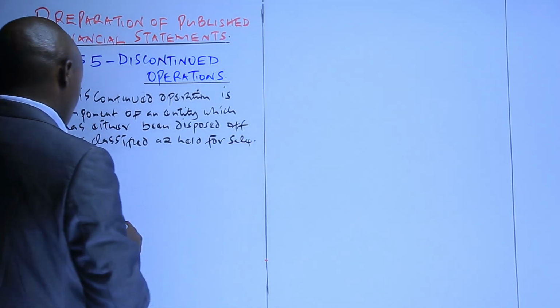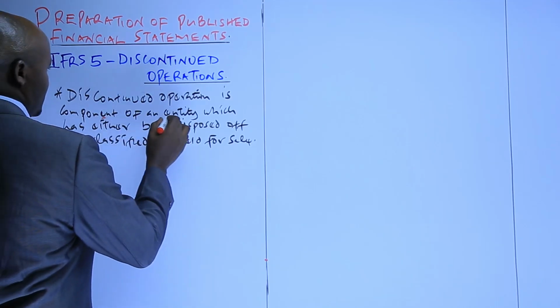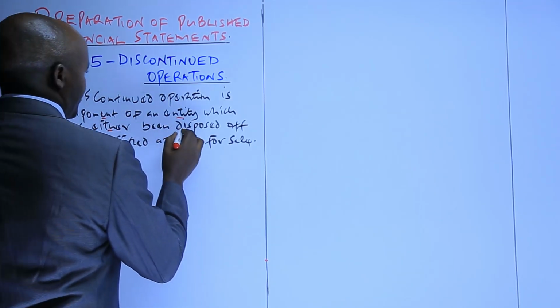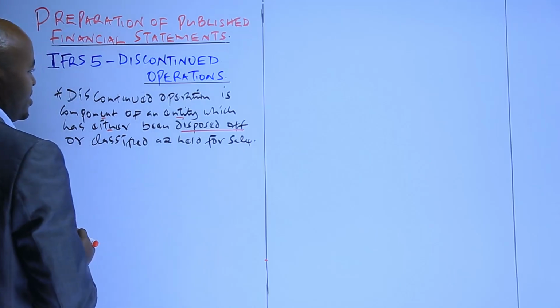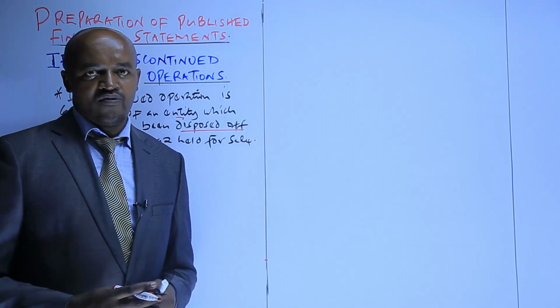So it is that particular component of an entity which has either been disposed of. Disposing of a component is basically selling off a component.